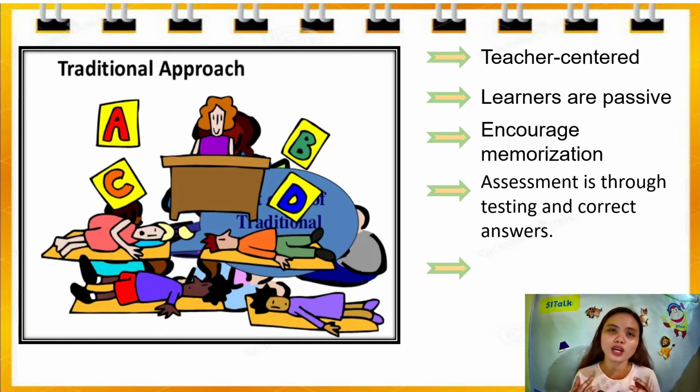So the only way of assessing how far the students have learned is through testing, pen and paper tests, and correct answers. So there is no project-based method or performance-based assessment. So the only assessment made is through testing.